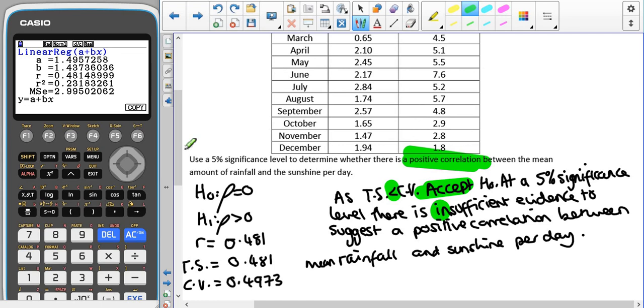So in our conclusion, we never write about our H0. We always write in reference to our H1, whether we had sufficient evidence to prove it or to suggest it, or we had insufficient evidence to suggest it.